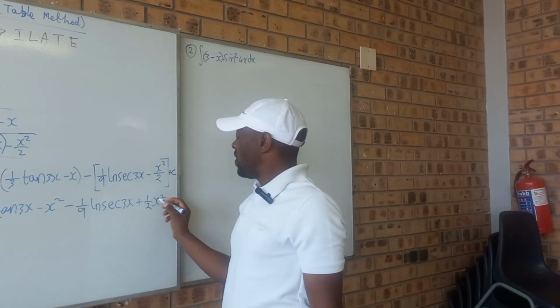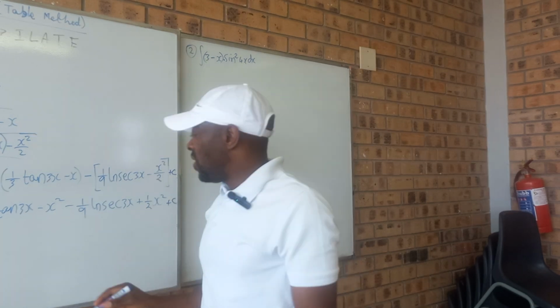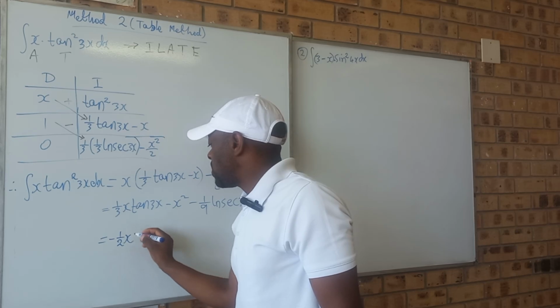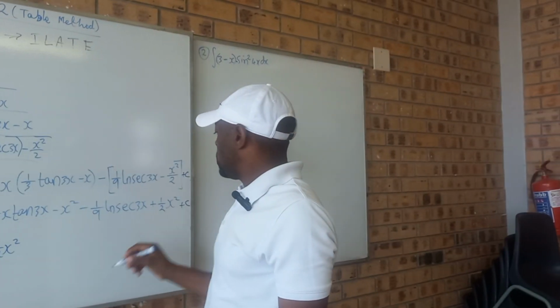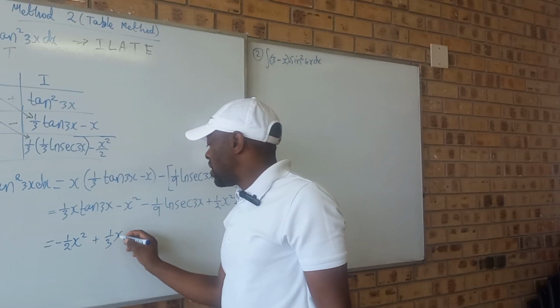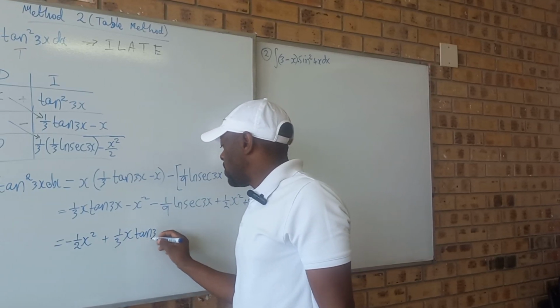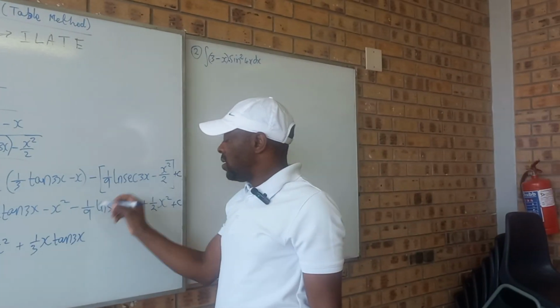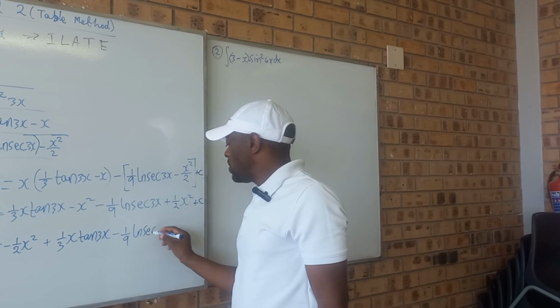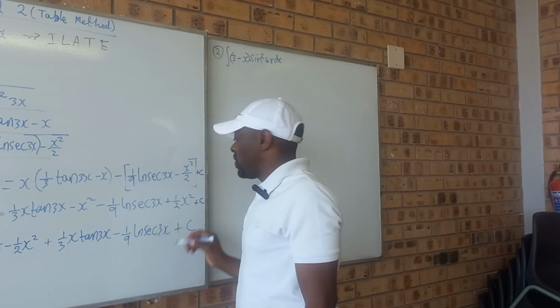If I take a half x squared minus x squared, it will give me negative a half x squared. Once these terms are combined, this is followed by positive 1/3 x tan 3x, then negative 1/9 ln sec 3x.